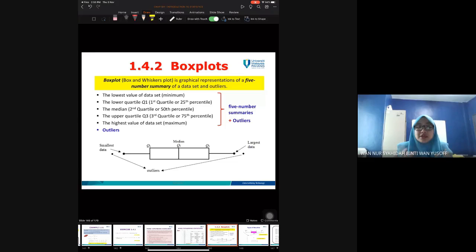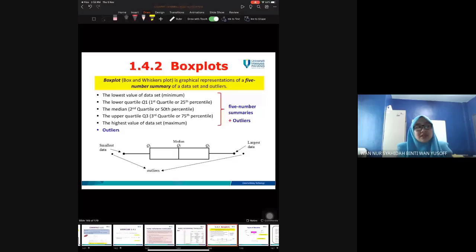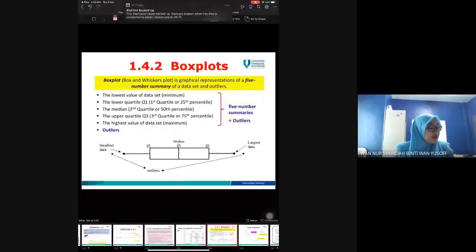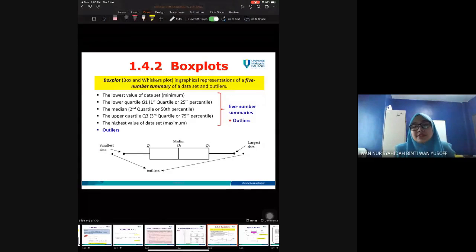If there is a data value which exceeds both limits or maybe one of the limits, then it is an outlier. If all the data values stay within the limits, then there is no outlier. So those limits we don't plot in our box plot, because the box plot is about the 5 number summary and also the outlier.